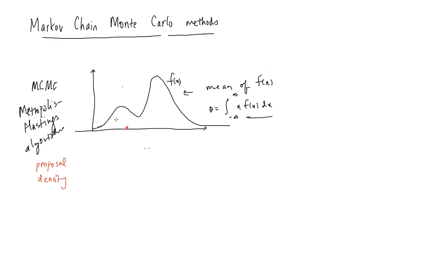For example, you can have a uniform density going here, which is centered on the value that you started, okay? Once you have the proposal density with the guess value as the center.